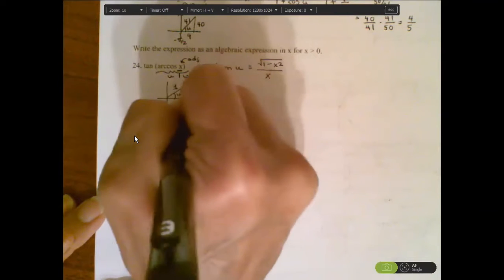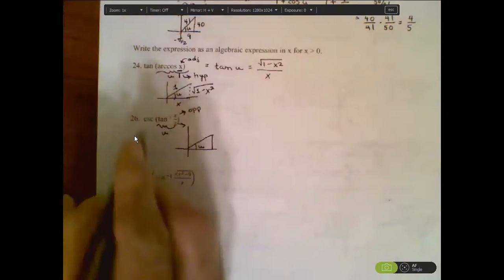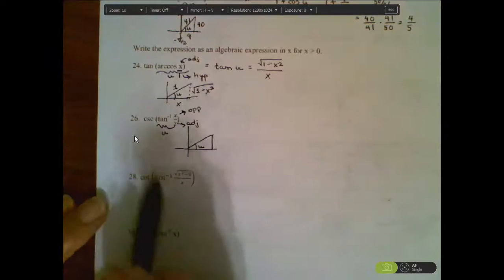A first quadrant angle named u, such that opposite is x and, no, I'm sorry, this is tangent, adjacent is 2. Opposite is x, adjacent is 2.